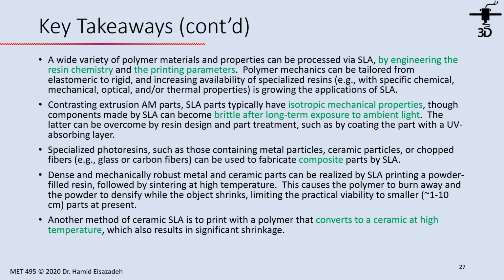Remember, an SLA part can become brittle if you expose the part to ambient light. One way to overcome this problem is that the part should be coated with a UV absorbing layer. The photoresin can be mixed with metal particles or ceramic particles in a way that you can fabricate a composite part by SLA.